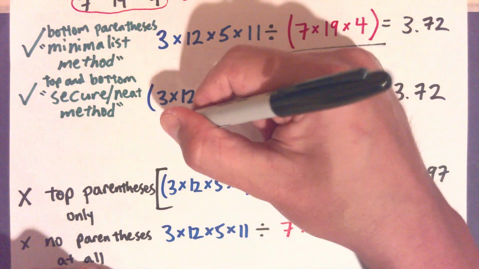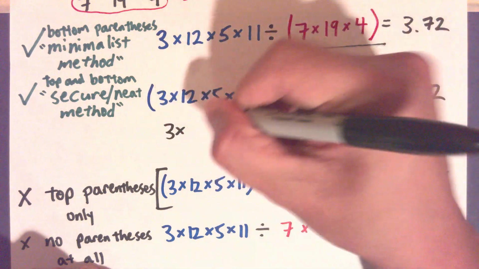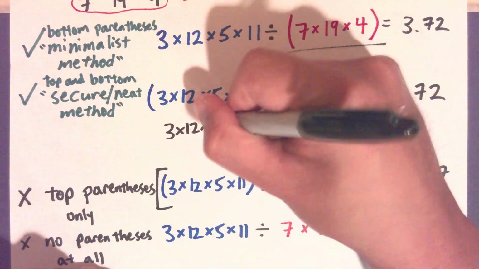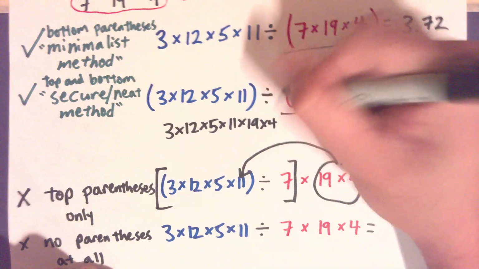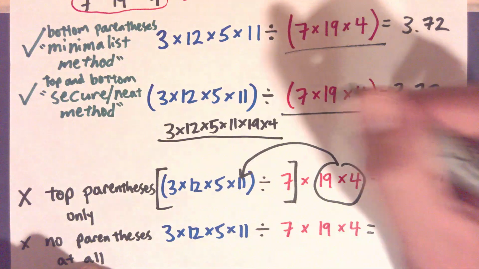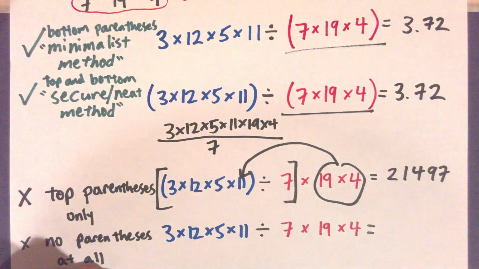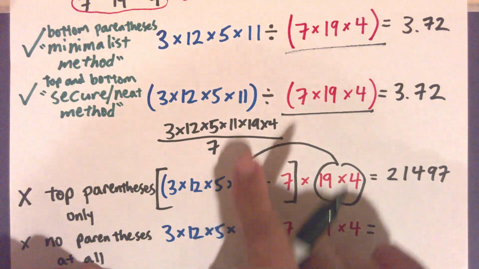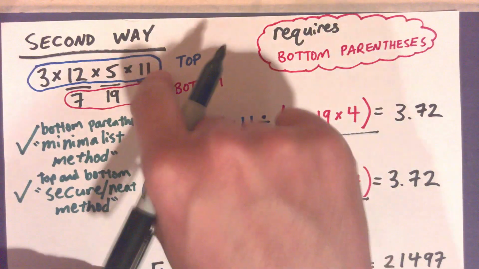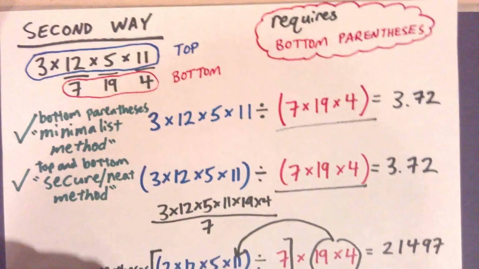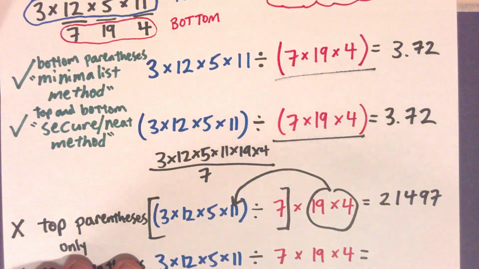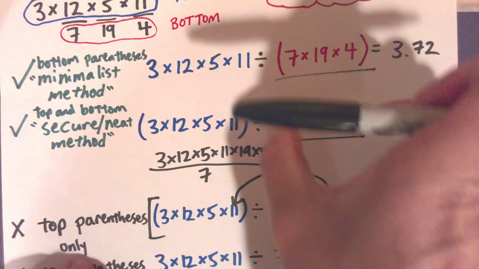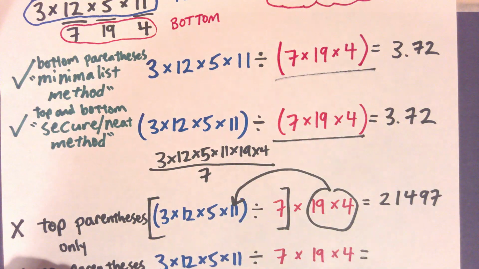In other words, it thought that your intention was to do that, okay? And we can see that is not resembling that, okay? So again, bottom parentheses important to signal to the calculator you meant for those to be in the denominator. In other words, use those bottom parentheses.